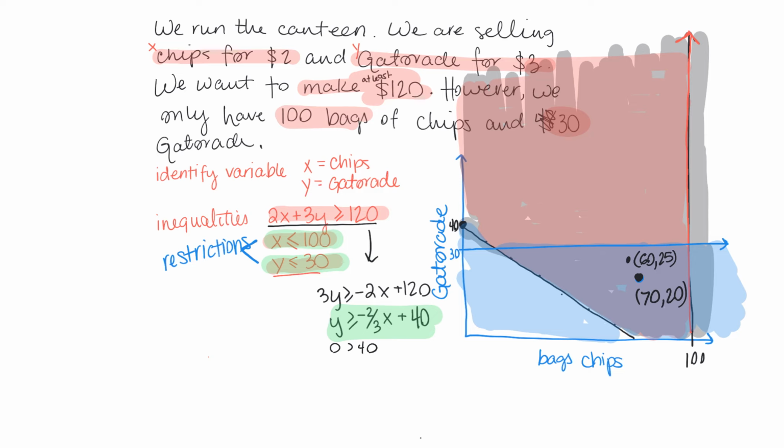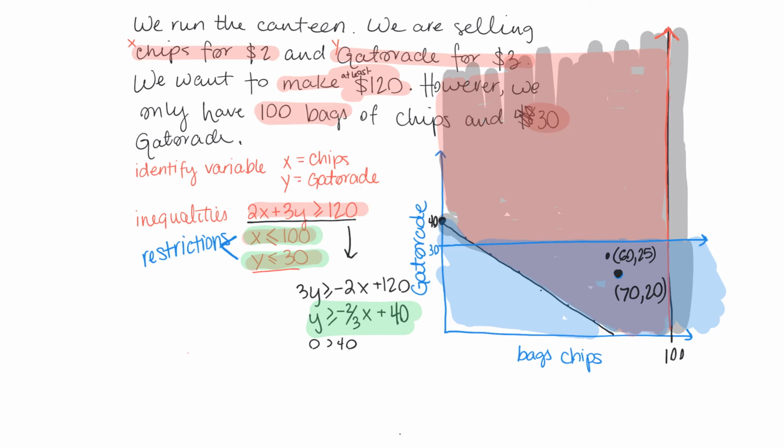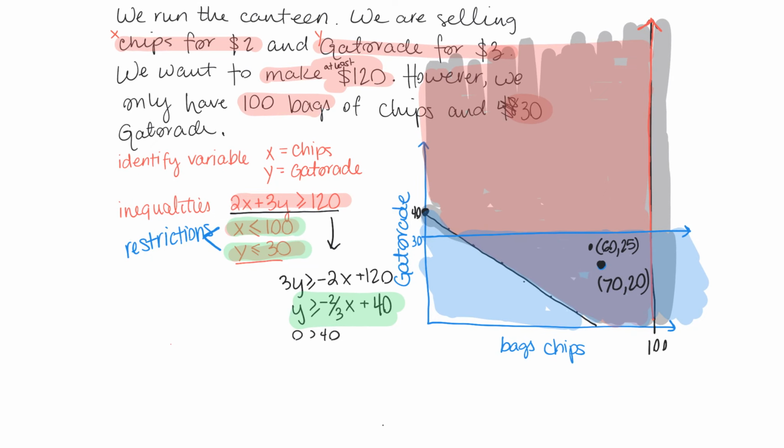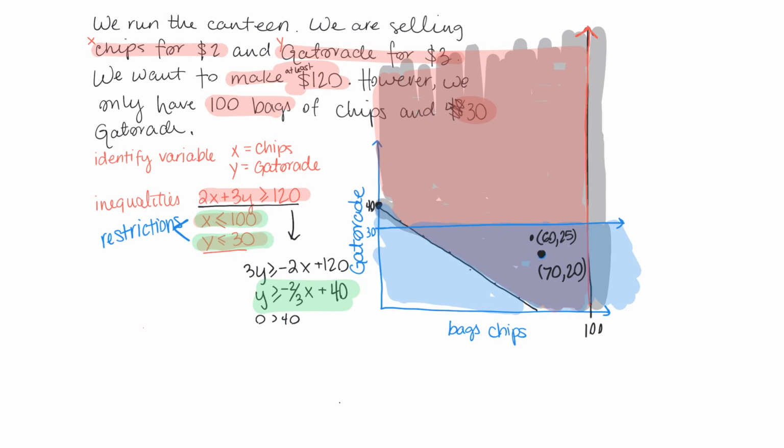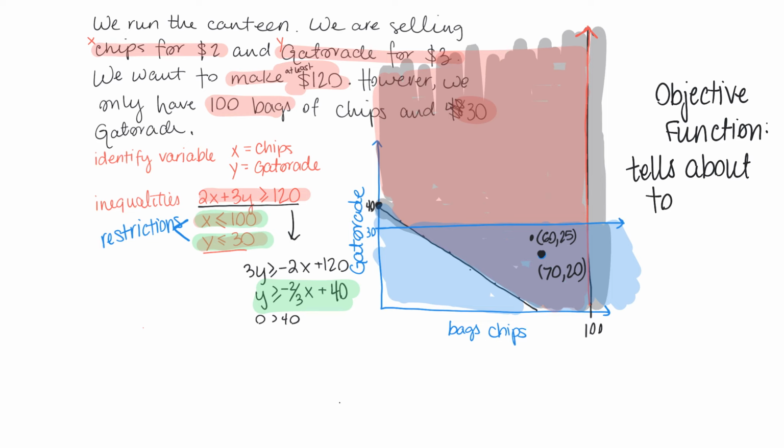Now, here's the real kicker. I want to know what your objective function is. So we're going to add another piece to this. The objective function tells us about the totals or the actual amount, okay?